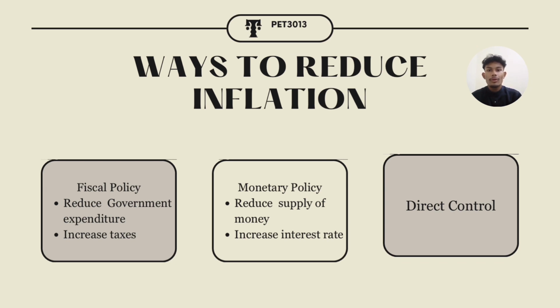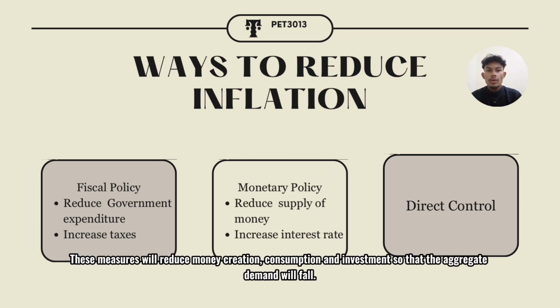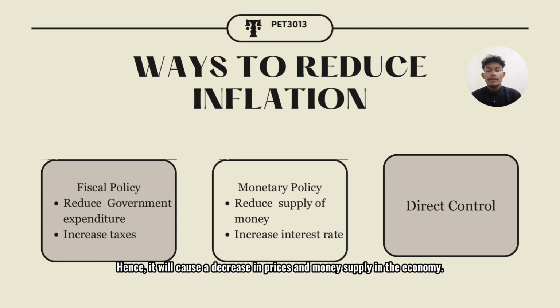Therefore, the cost of borrowing will increase and fewer loans will be borrowed from commercial banks. This measure will reduce money creation, consumption, and investment so that the aggregate demand will fall. Hence, it will cause a decrease in prices and money supply in the economy.